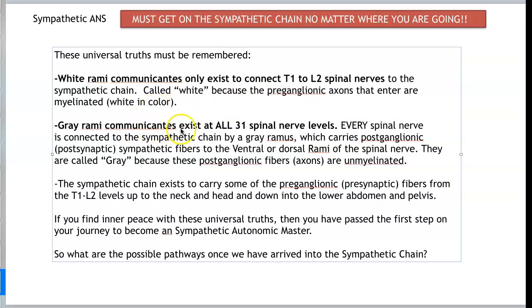Gray rami communicans exist on all 31 spinal nerve levels. Every spinal nerve is connected to the sympathetic chain by a gray ramus.